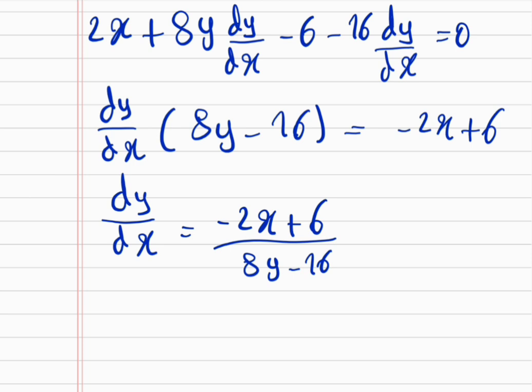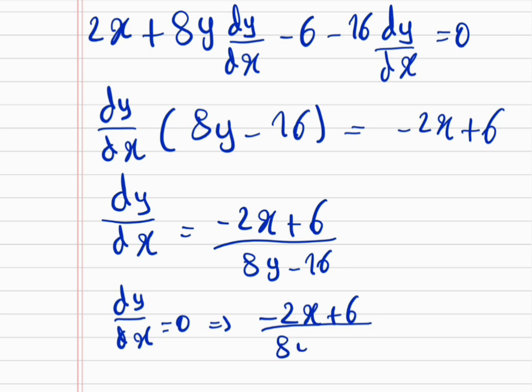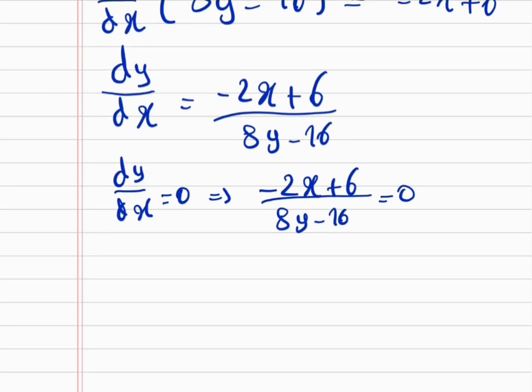Okay, now at this point we want to find when dy/dx is equal to 0. So it's about solving this equation: (minus 2x plus 6) over (8y minus 16) is equal to 0. Now it just needs a simple cross multiplication, which gives us minus 2x plus 6 is equal to 0. And now solving this equation gives us the value of 3 for x.